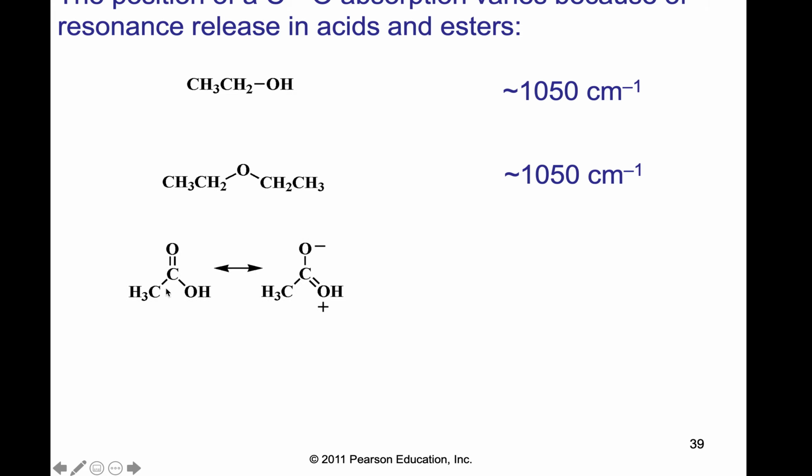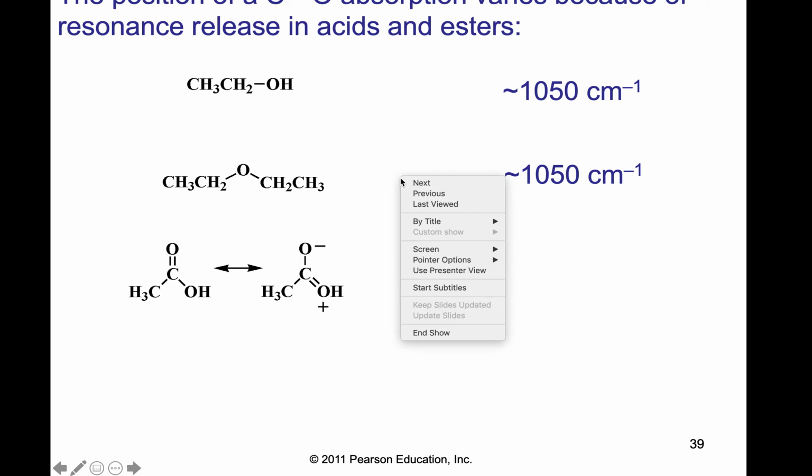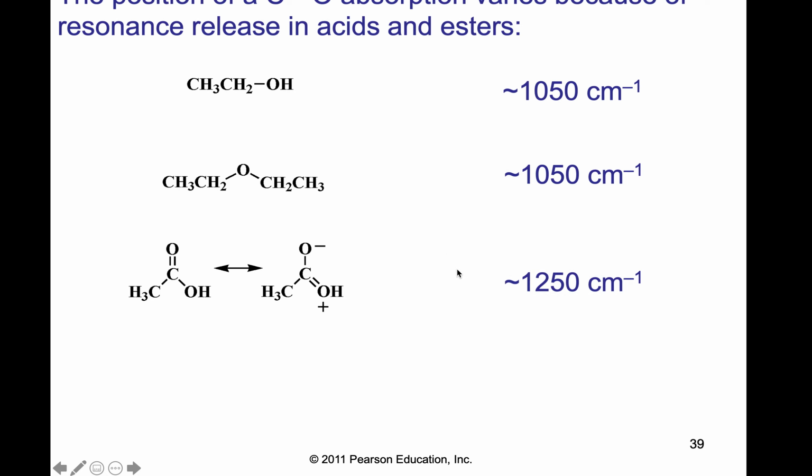But now look at this next one. Here we have acetic acid, a carboxylic acid moiety, and we see resonance contributor 1 and resonance contributor 2, and an unshared pair on that oxygen, there are two, can delocalize in, giving single bond character to that carbonyl, and that'd be about 1250. Because in carboxylic acids, the oxygen can delocalize because there's two oxygens.